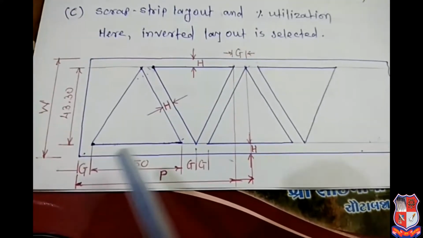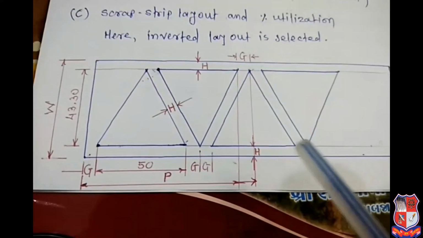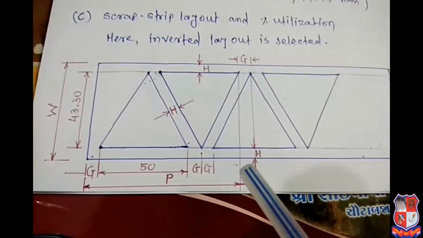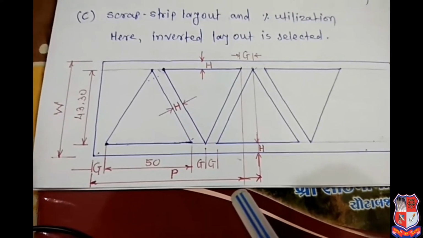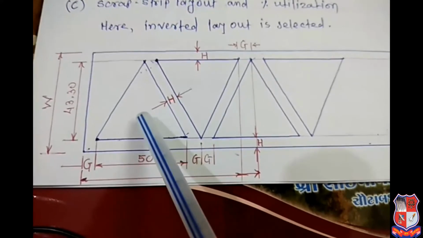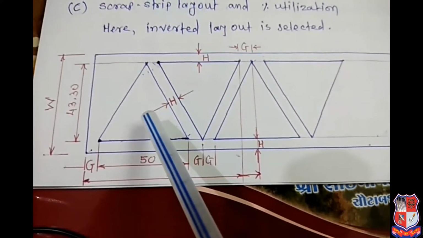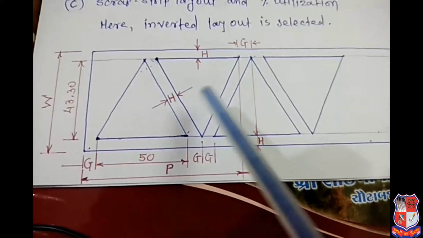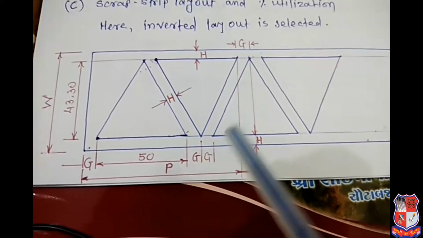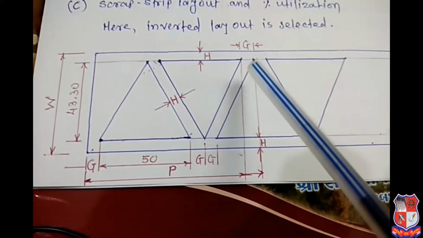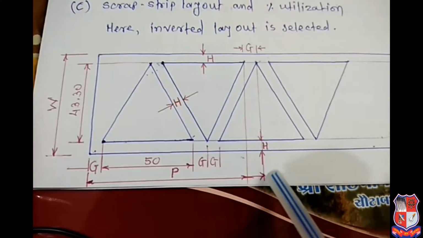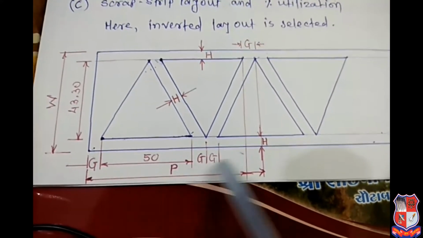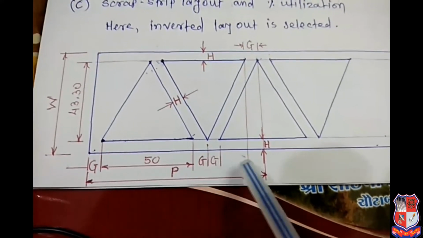Now how to find this total length? I am considering the pair of these two blanks, one is the first one and the other is the inverted one. I am considering up to this point. Let us consider this length as P. Now how to find this P?